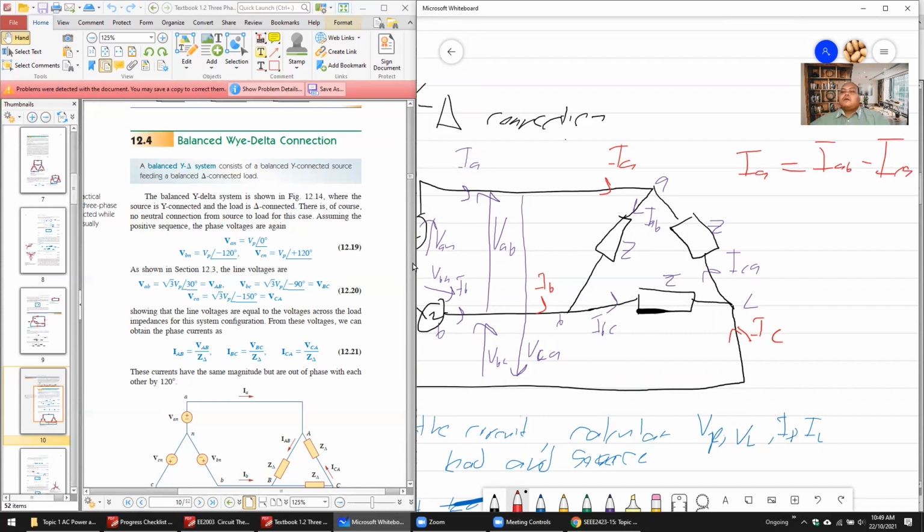The trick is, if you want to find IA, it starts with A and ends with A also. Remember the positive sequence numbering and just use that.